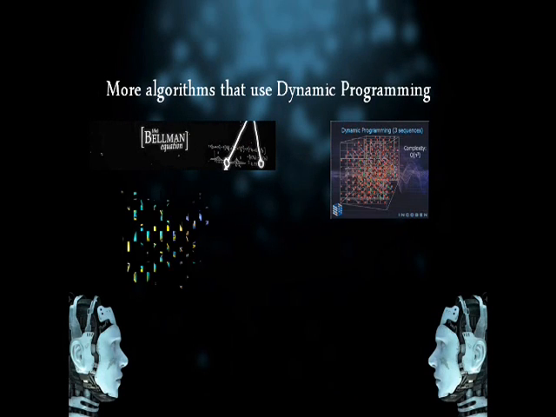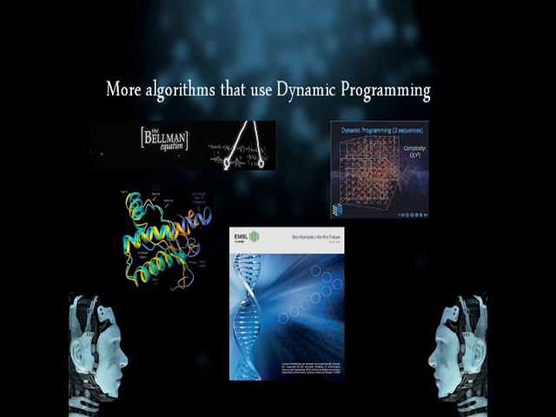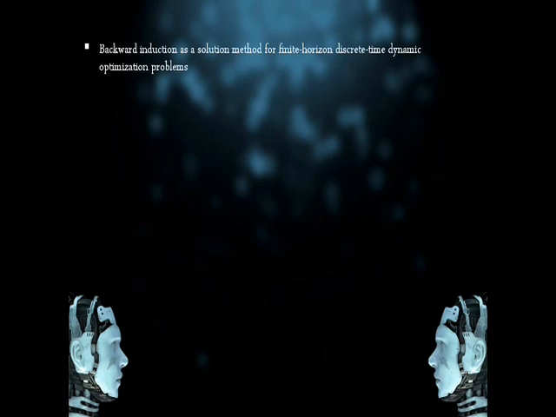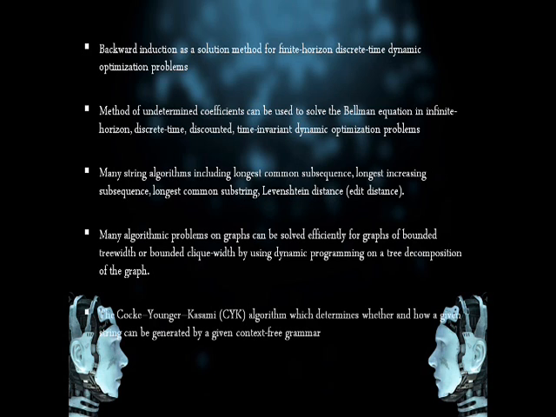A look at more algorithms that use dynamic programming. Backward induction as a solution method for finite horizon discrete time dynamic optimization problems. Next, the method of undetermined coefficients can be used to solve the Bellman equation in infinite horizon, discrete time, discounted, time invariant dynamic optimization problems.